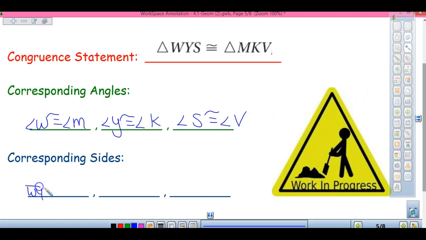So WY is congruent to MK, first two letters. YS is going to be congruent to KV. And then I always do first and last, so WS is congruent to MV.